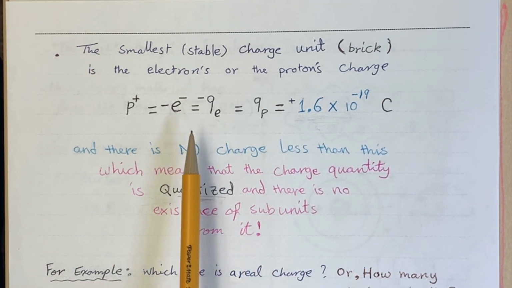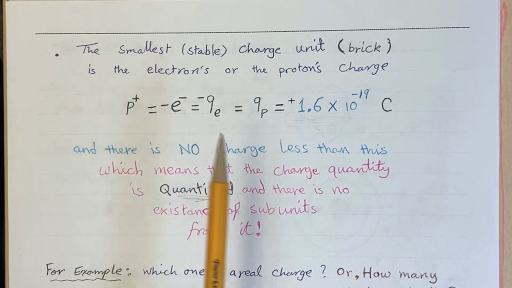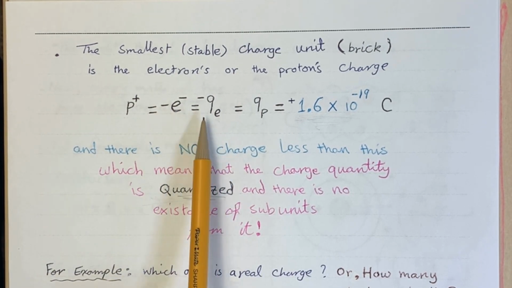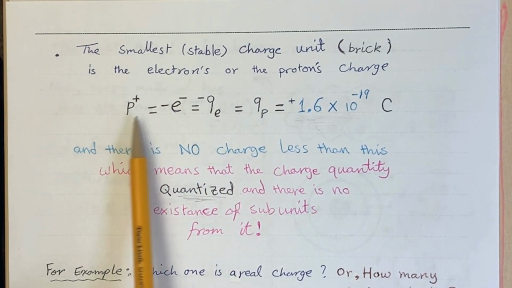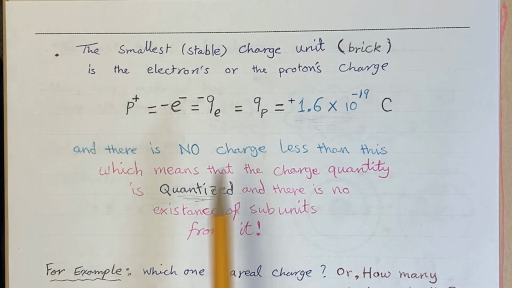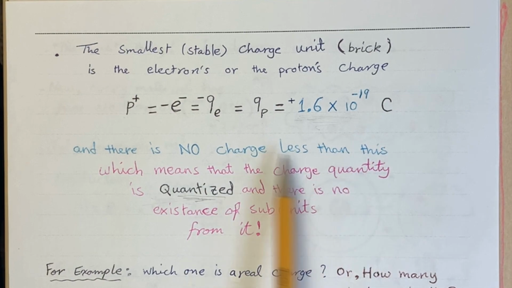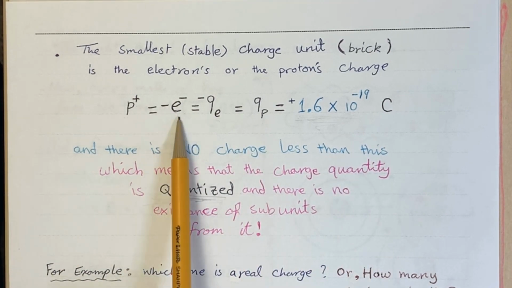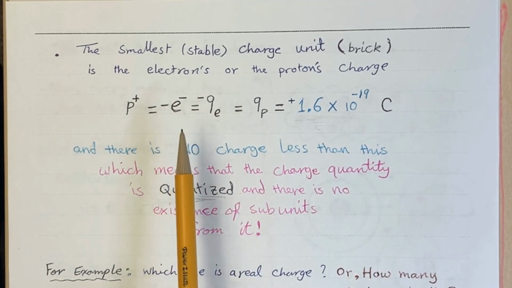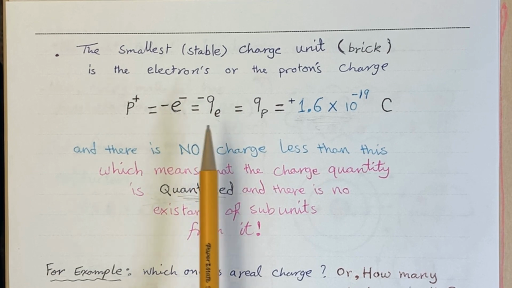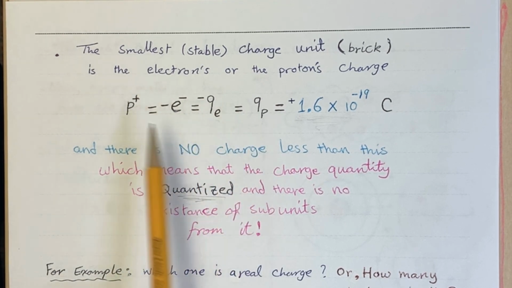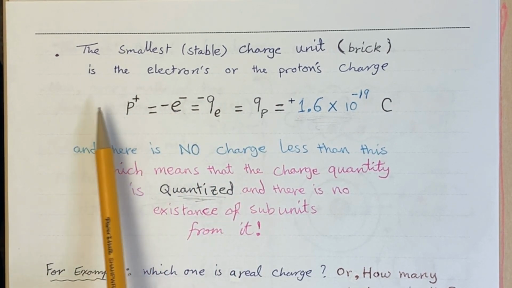The symbol used for electron charge is e negative or Qe, and the same for the proton, Qp or p plus. There is no smaller charge than this one. The electron is an elementary particle. We cannot divide it into smaller pieces, but the proton we can divide into smaller pieces.